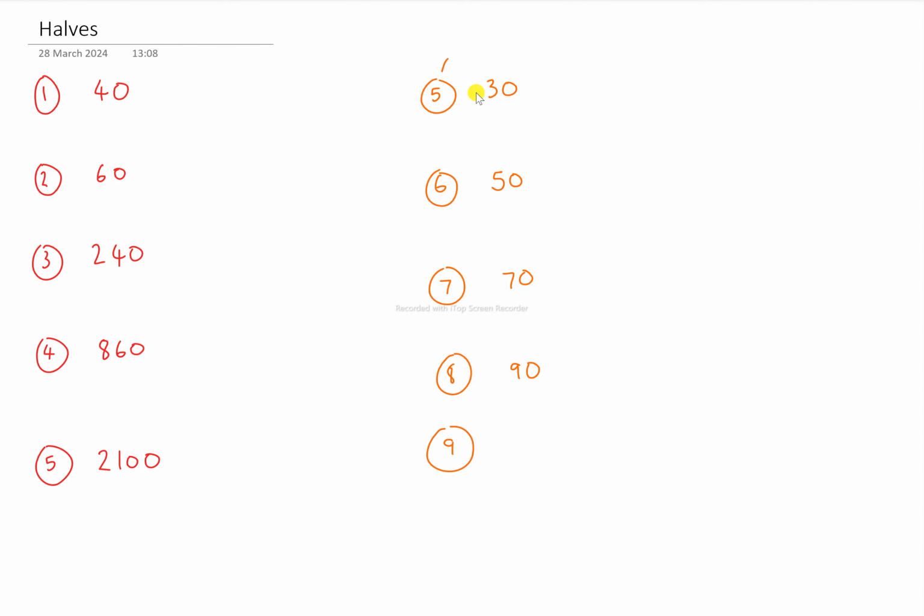Can you see this here? Should be -1. Right. What's half of 3? And finally, what is half of 33?